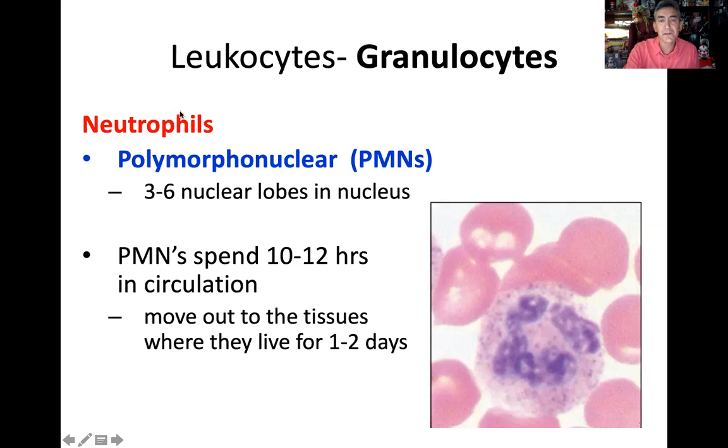Neutrophils do kind of the same thing. When they're called, they come out, they spend about 10 to 12 hours in circulation, and then they leave circulation and go into the tissues where the infection was, where the injury was. They're going to do their job in that location and not in circulation. So the neutrophils.